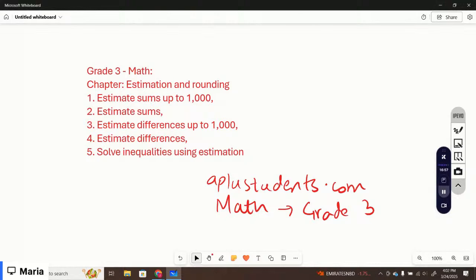The lessons we're going to cover today are estimate sums up to 1000, estimate sums, estimate differences up to 1000, and estimate differences, solve inequalities using estimations.